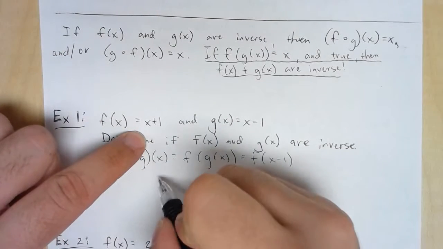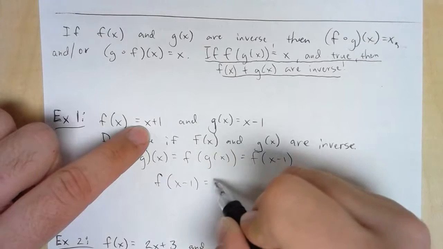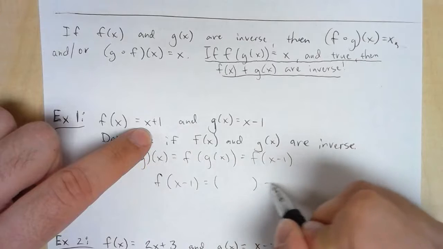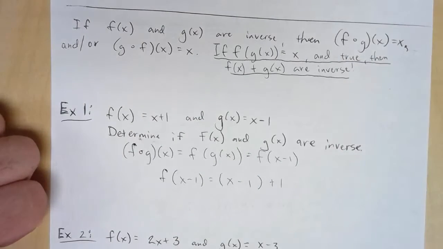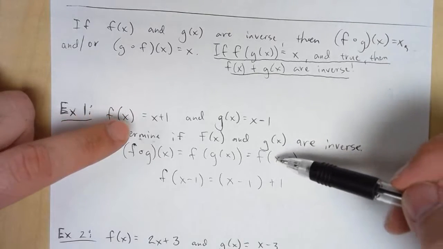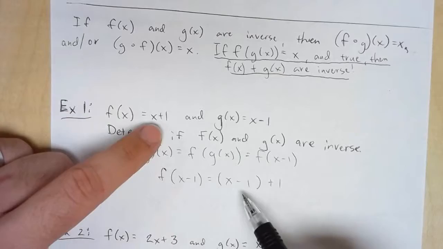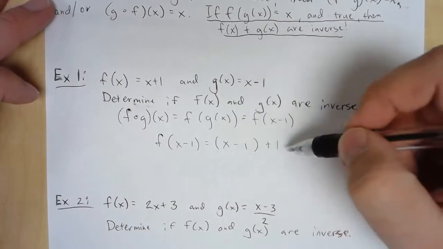So anywhere I see an x, I'm going to write x minus 1. So over here, I've got f of x minus 1 is going to be equal to, well, originally we had x plus 1. We're replacing x with x minus 1. So I'm just replacing whatever g was, I'm putting it in the x spot for my f function. I'm substituting it in. So when we simplify, we get x minus 1 plus 1.